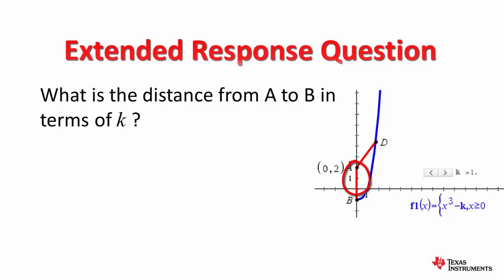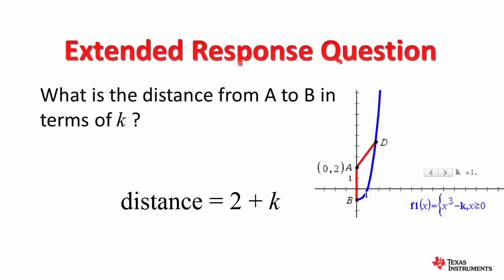If we go back to here, from A to B we know that's a distance of 2. Down here we know that from here to here would in fact be the value of K, if we understand how our cubic function has been translated along the y-axis. So the distance will be 2 plus K.